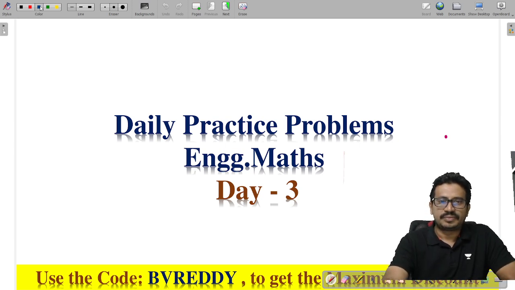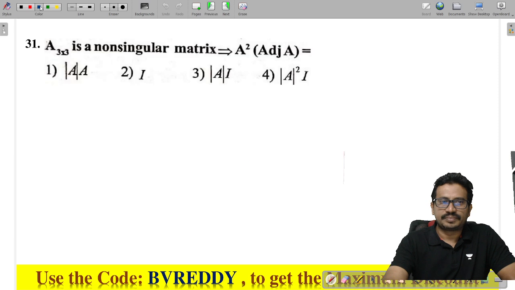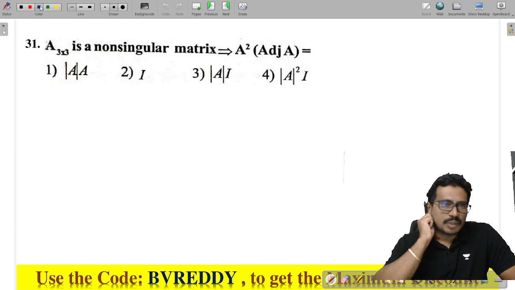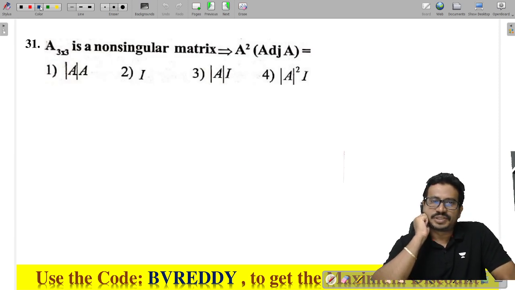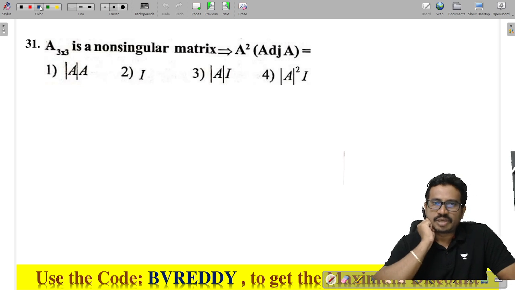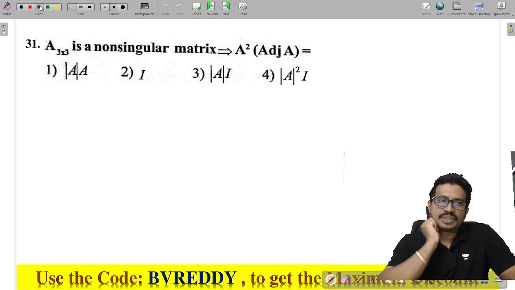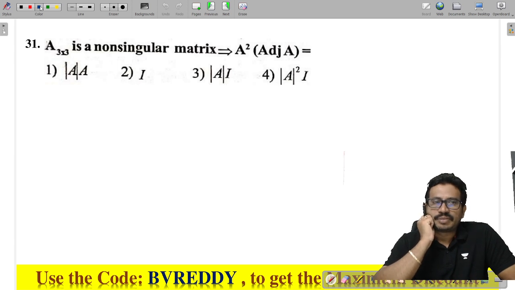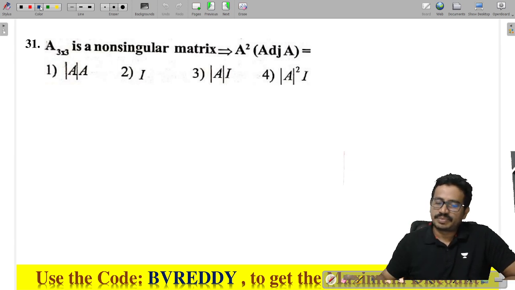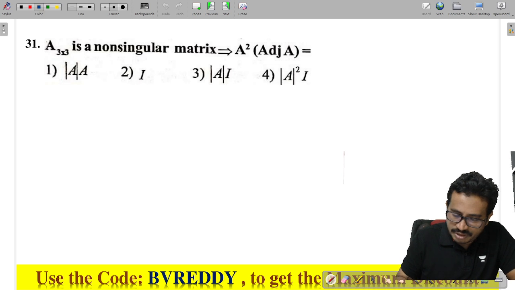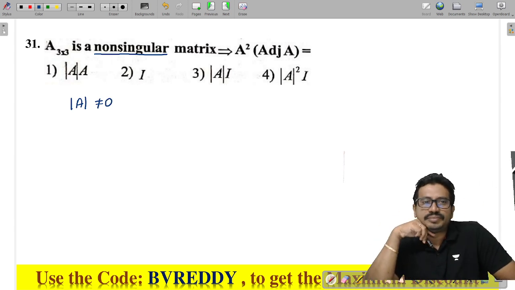Let's see the first problem. Previous 30 problems we have finished. Every day we are doing 15 problems, and you can see the next problem. If A is a non-singular matrix, that means its determinant is non-zero. Since the matrix is non-singular, the determinant of the matrix is non-zero.